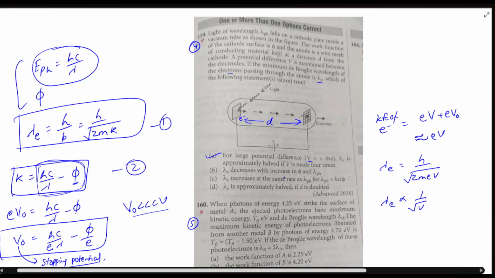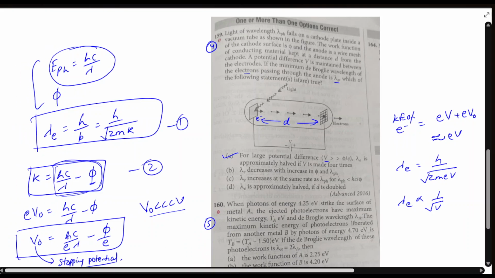Now, lambda decreases with an increase in phi and lambda of the photon. Let's move on to this. Let's say the potential is not given, because these points are not mentioning anything about the potential difference we are applying.